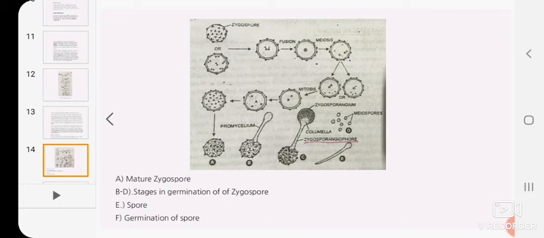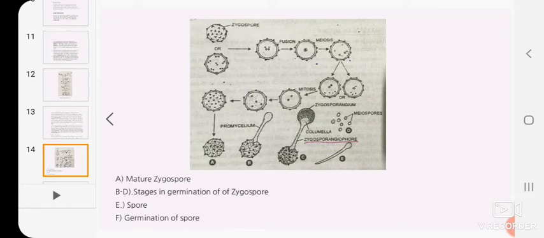I told you that in this case also all the nuclei except one degenerate. So that means only one nucleus is there, and that belongs to either the positive strain or the negative strain.